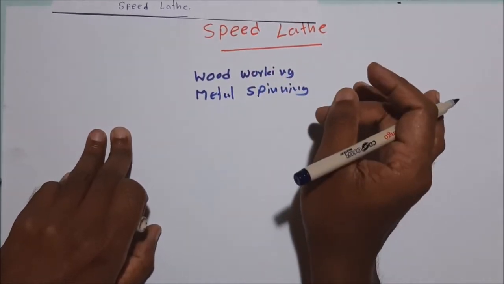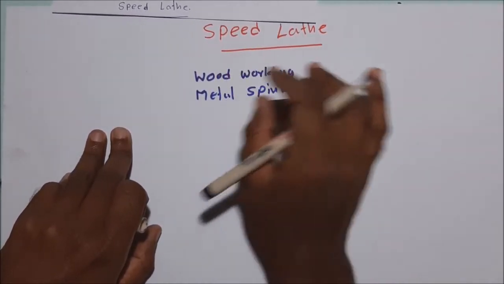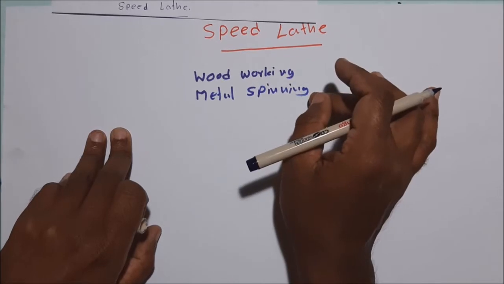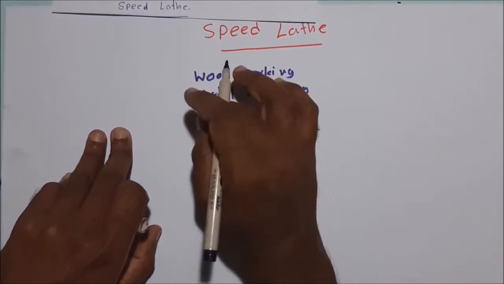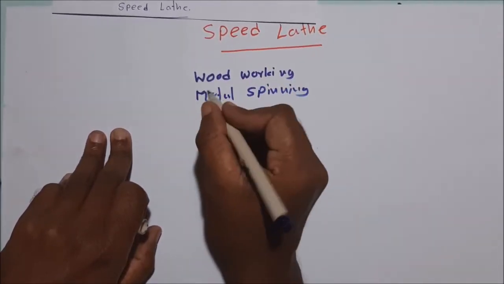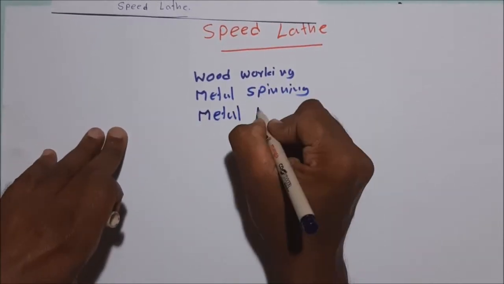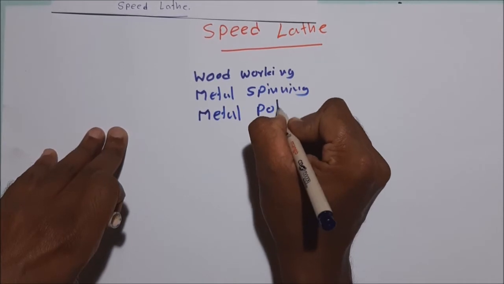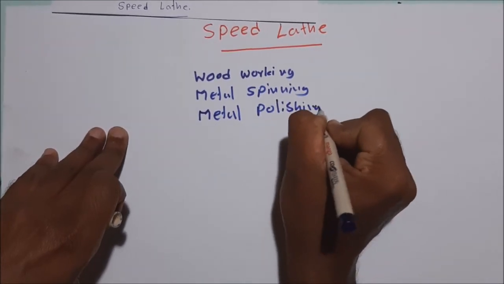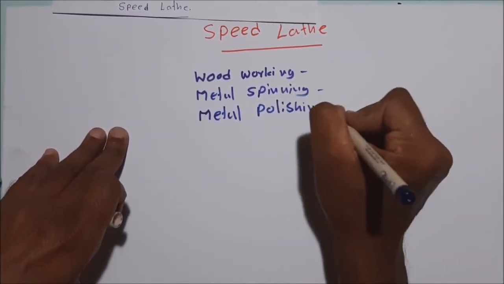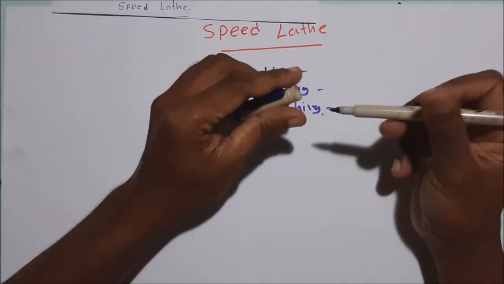One of the sheet metal fabrication methods is metal spinning. If you're interested, go through this topic and search for metal polishing. These are the usages of the speed lathe.